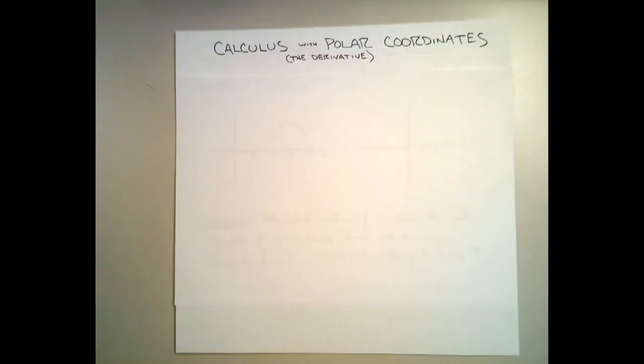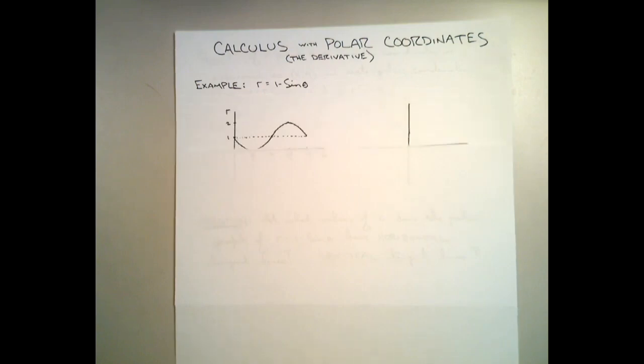I'd like to begin by asking you to take a moment to see if you can sketch the graph of r = 1 - sin θ in the polar coordinate system. I'll get you started. This is what the graph looks like in rectangular coordinates.